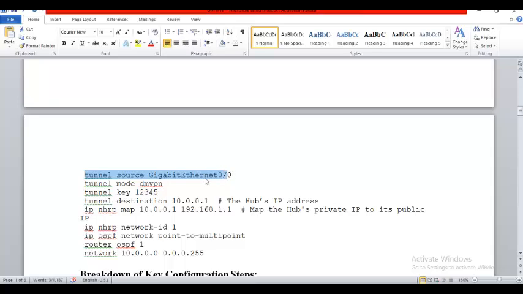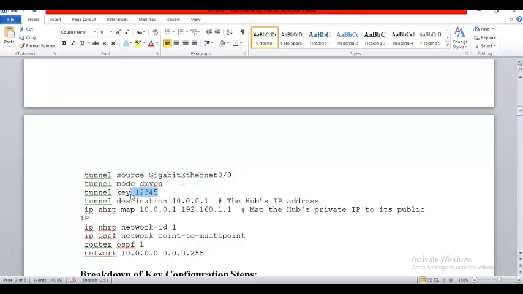That's the public IP address of the hub. And now, this one, mode, key, all these things.